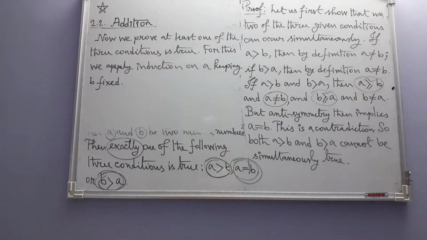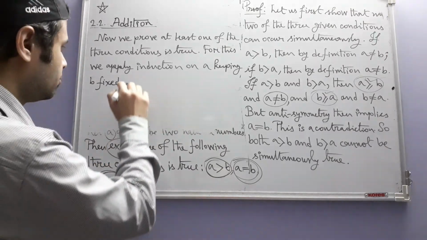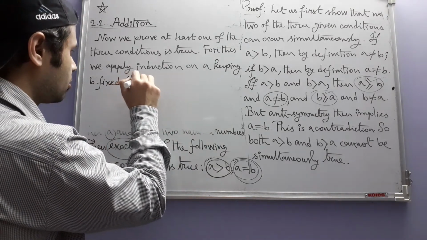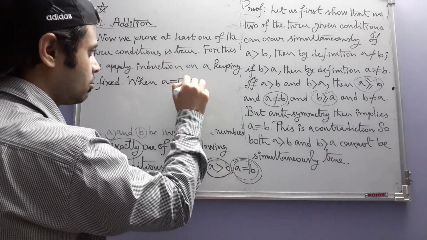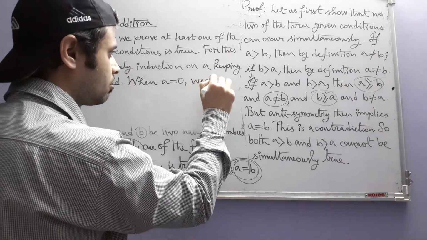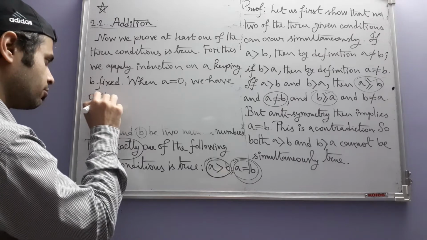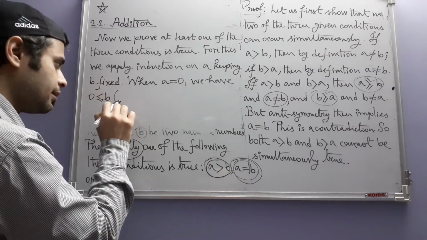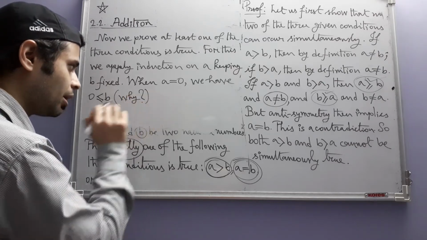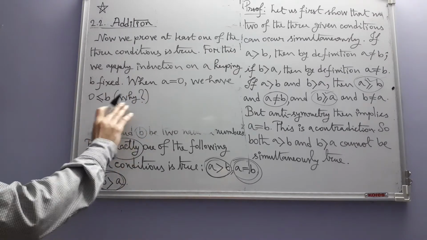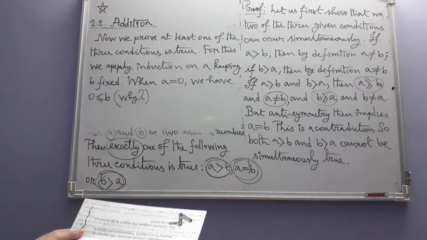So naturally I will first of all look at the case when A is 0. When A is equal to 0, we have 0 is less than or equal to B, and in the text there is a question attached to it: why? These whys we have to answer. That's why I said I have to see what the text writes.